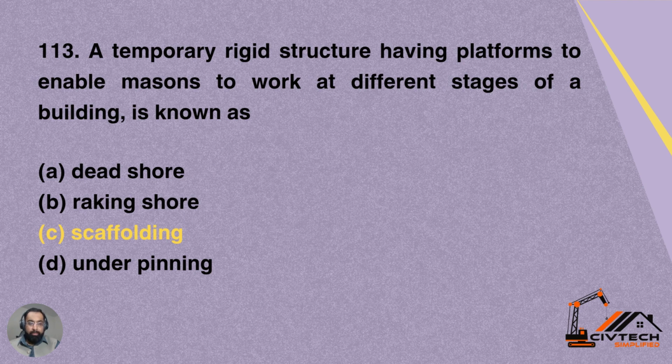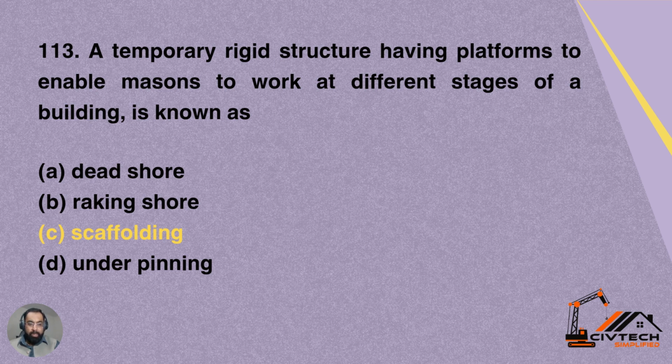113. A temporary rigid structure having platforms to enable masons to work at different stages of a building is known as. So it's a temporary rigid structure or the platform which allows the masons to work at different levels or heights of the building. Option A, dead shore.